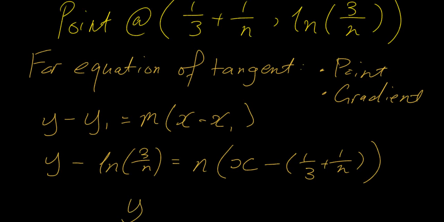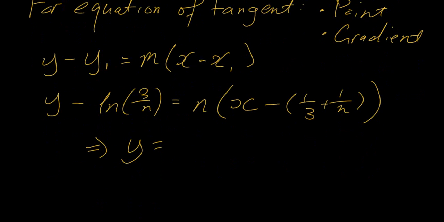If you want the equation of your tangent with y as the subject, then you have nx, which is the same as what we had before, and expanding this, let's do this very carefully. n multiplied by negative 1/3 will give us minus n on 3. n multiplied by negative 1 on n gives us minus n on n, or minus 1.